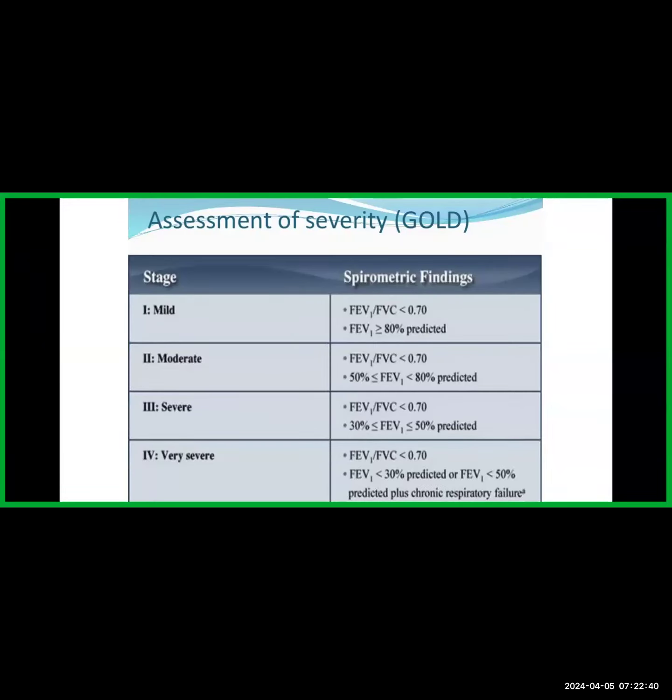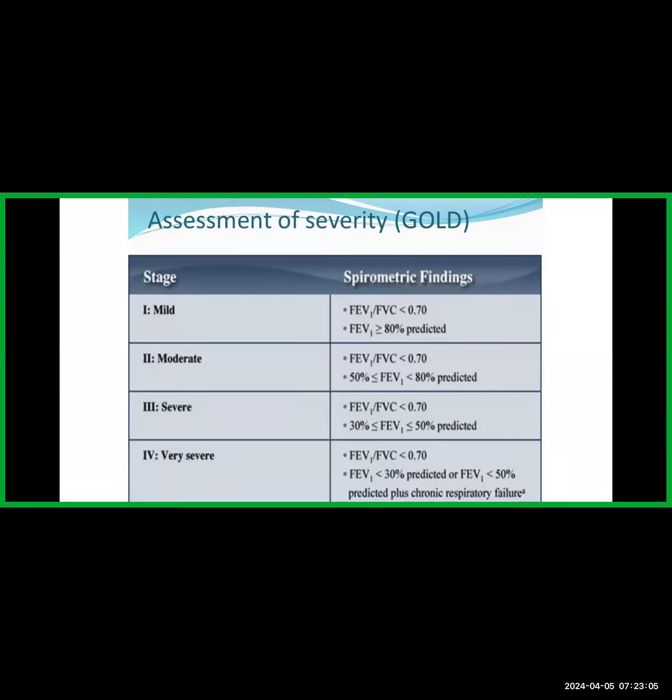Whenever you have a patient with COPD, it's better to know the stage he is in, because that has implications for the treatment you are going to give him and any other management plan. So for all of them, you see they have an obstructive pattern of FEV1 over FVC. But again, the predicted FEV1 makes the difference.